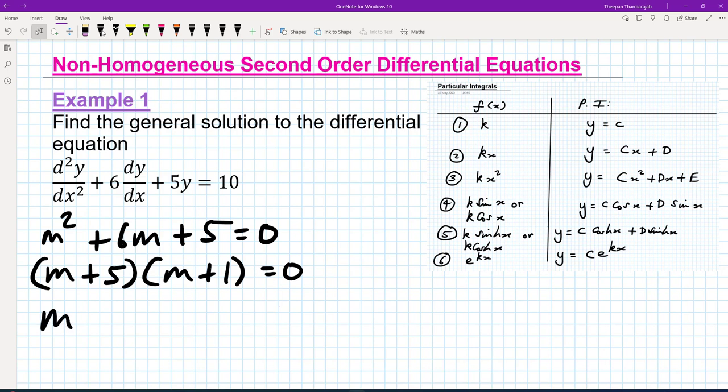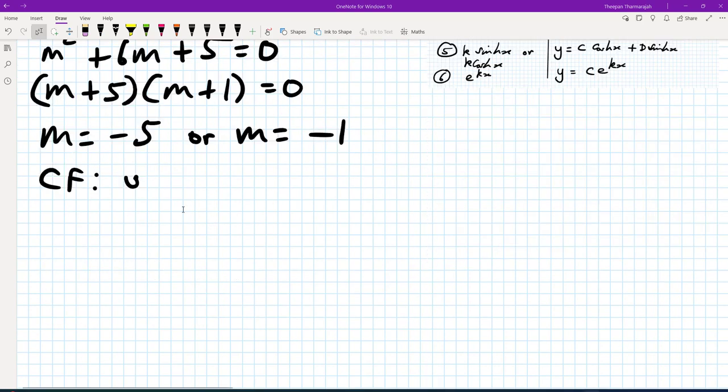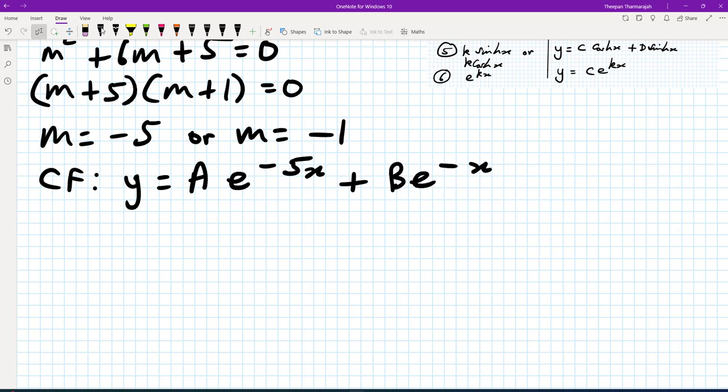So we can say that our roots are m equals minus 5 or m equals minus 1. So our complementary function is y equals a times e to the power minus 5x plus b times e to the minus x. So that's our complementary function.